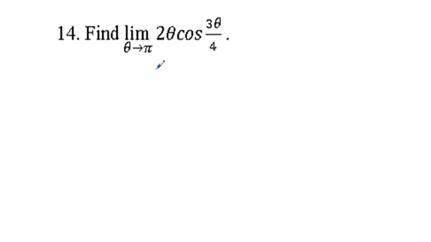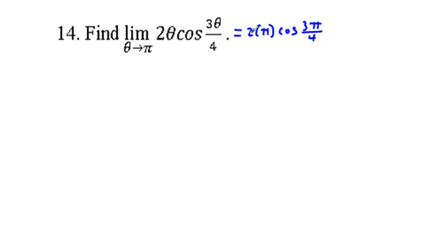So we're just going to plug in pi for theta. So that's going to equal 2, and we're going to replace that theta with pi, and we're going to have cosine 3 pi over 4.